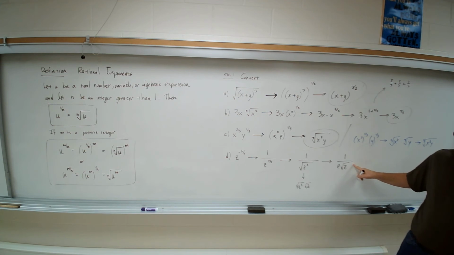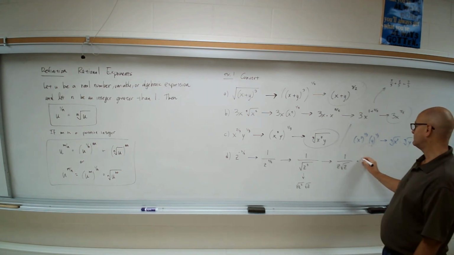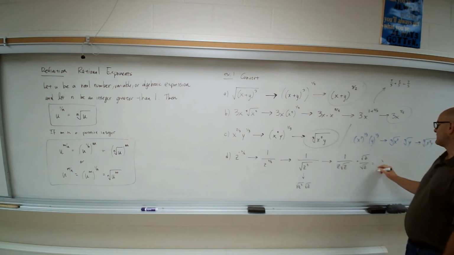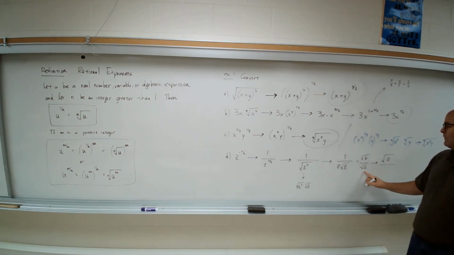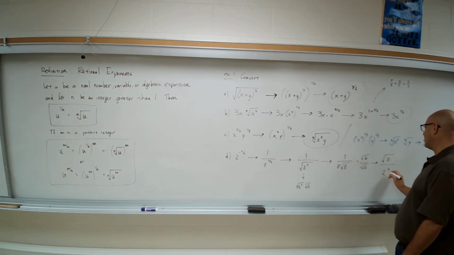If you did want to rationalize it, we multiply the top and the bottom by the square root of z. And that's going to give us, let's use an arrow, the square root of z. Well, what's radical z times radical z? z. And then what's z times z? z squared. So you could also write it like that.